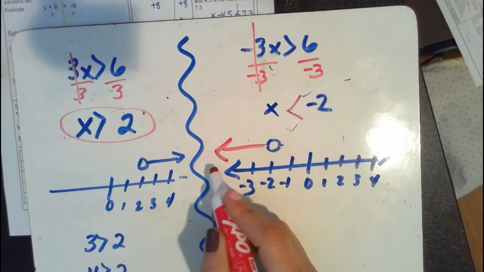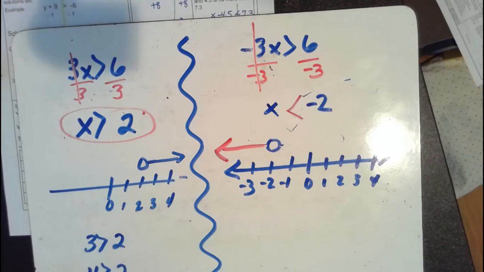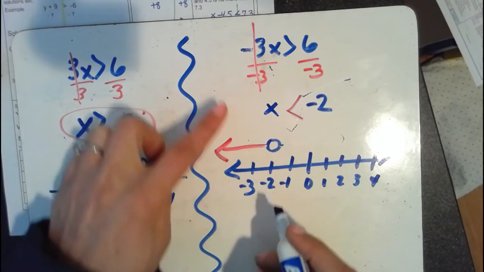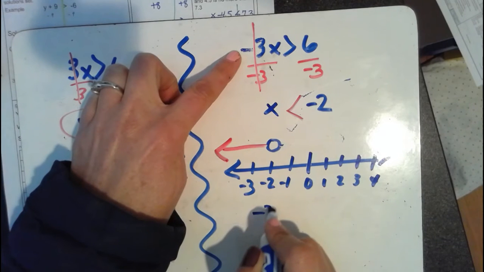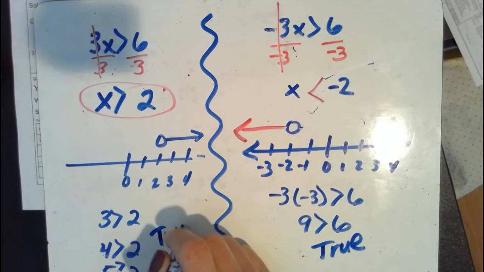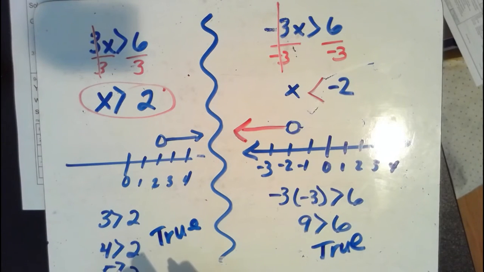So when we go to the left and we try to plug them back in to see if it actually does work, I need to plug in a number that is to the left. And you'll see that now it actually does make a true statement. This says that 9 is greater than 6. That is true, and our equation should always be true, just like these over here were true. When I plugged the number in, it made something that truly worked out.